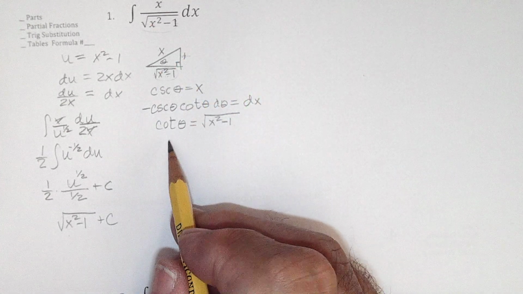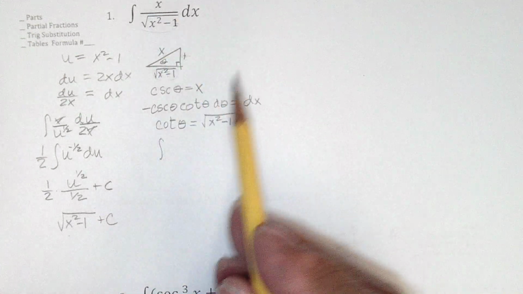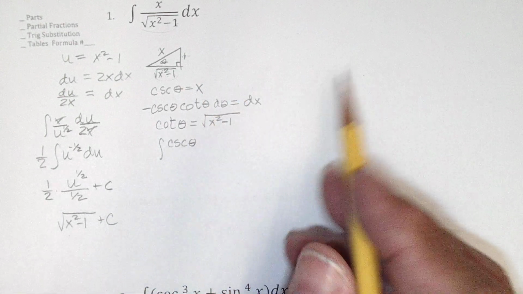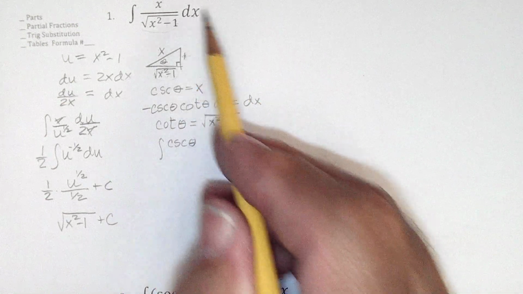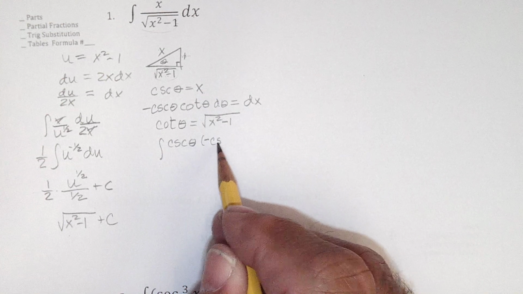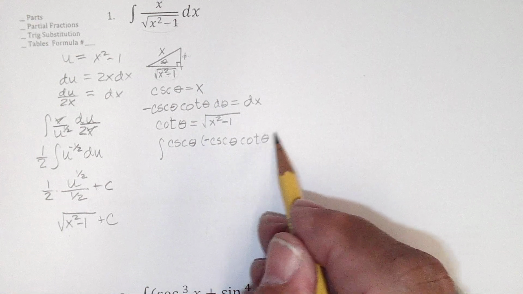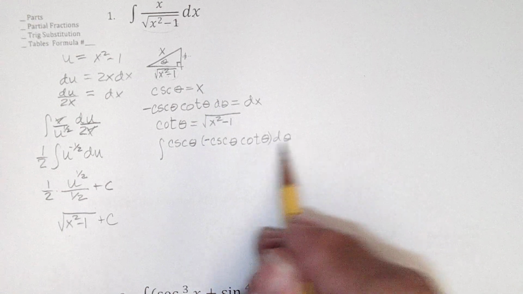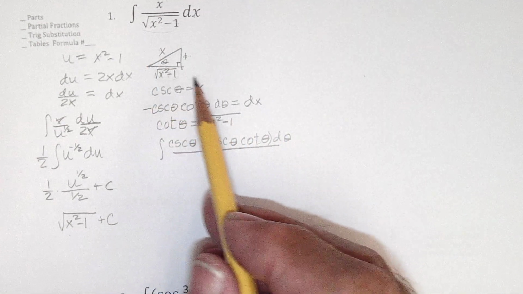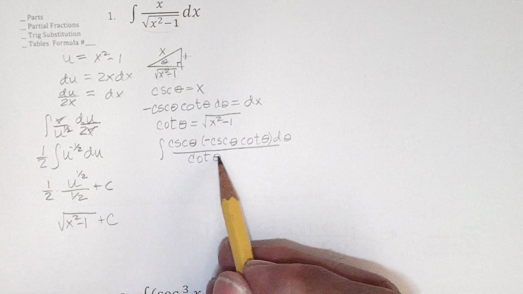So this integral would change to, I have an x, which is cosecant. I have a dx, which is negative cosecant theta cotangent theta d theta, over, and I have the square root thing, which is cotangent theta.